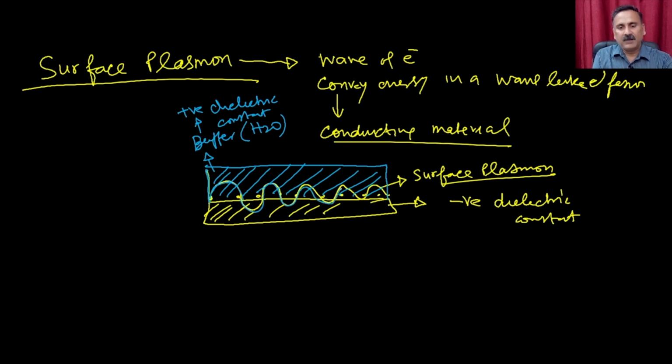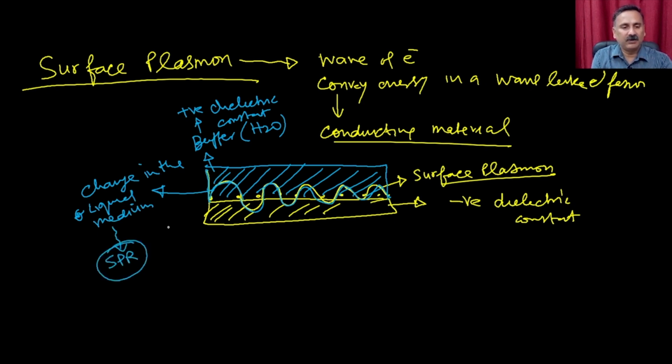When the plasmons are formed, they travel throughout the surface of this metal, and these plasmons are very sensitive to changes in the liquid media. That is what is exploited in the technique called SPR, or surface plasmon resonance.